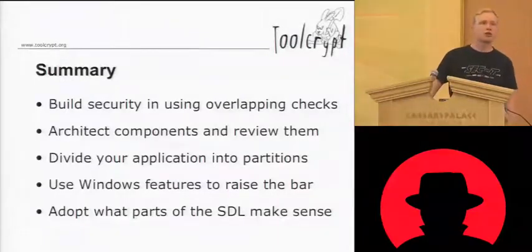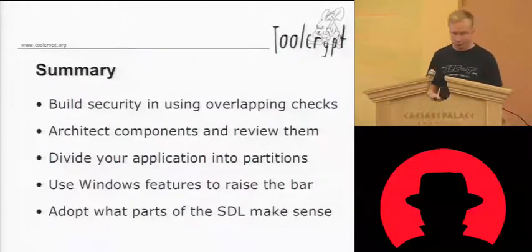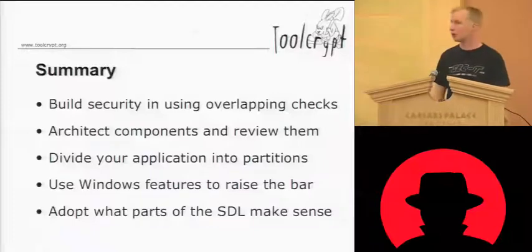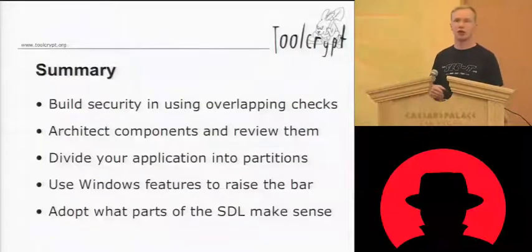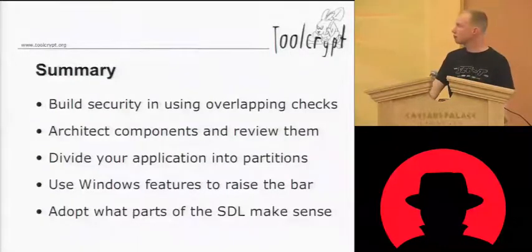Architecture in components. Make sure that your application isn't a monolithic application, but actually does make sense when it's broken down into separate pieces that might even be developed by different teams internally. And review them in isolation to make sure that they actually do what they're supposed to do, that they can stand on their own when confronted with arbitrary inputs and stuff like that.